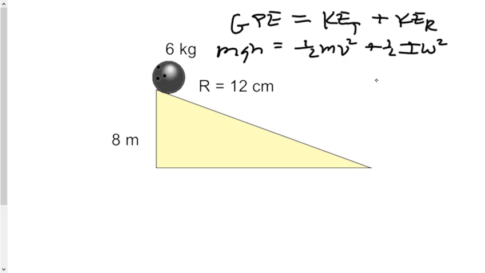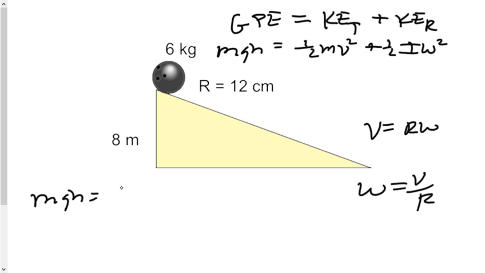Now I, of course, we can sub something in, but what about the omega? Well, remember v is equal to r omega, so omega is equal to v divided by r. So I can sub that. I see the omega there, I'll do that. So we have mgh equals 1/2 mv squared plus 1/2 I times v squared over r squared.